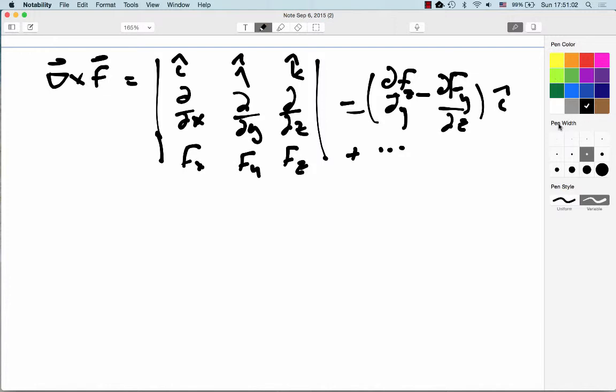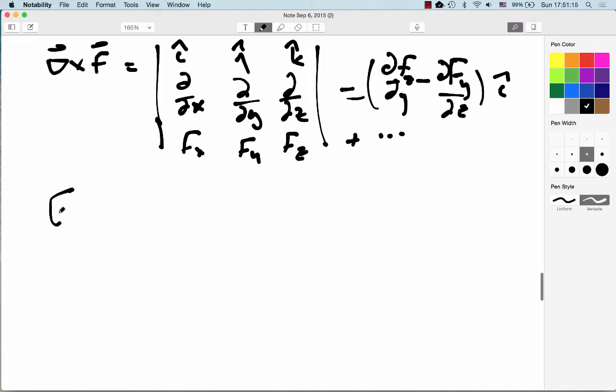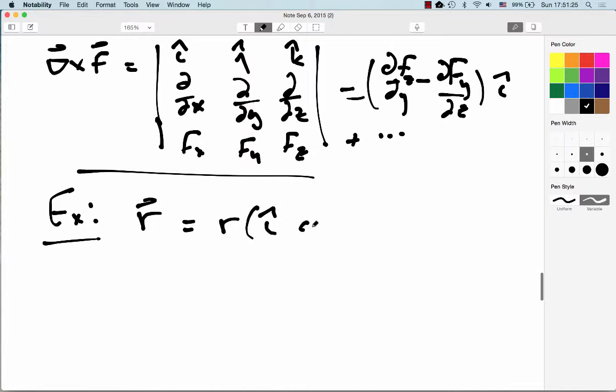Okay, so we can go ahead and do an example of this, say just with circulating water flow, just to get a quick feel for an example of that. So let's say the position of our water is r times i cosine omega t plus j sine omega t.